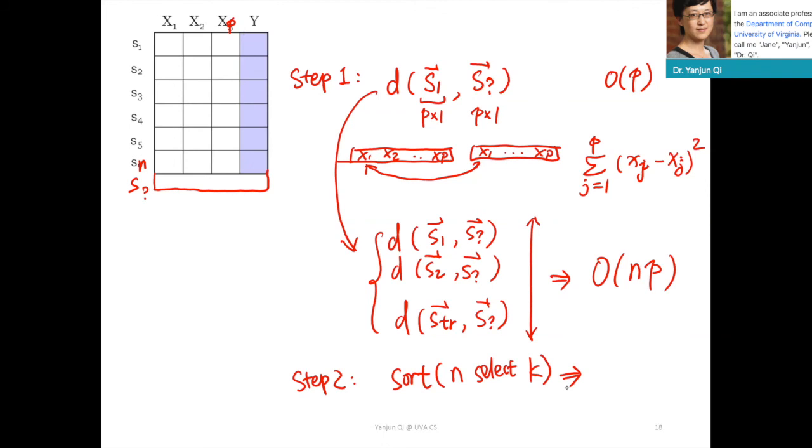What's the cost of this? Please type in chat if you know. Let's just do a naive version. Yeah, I think you can do O(n). Actually, not totally. It needs a little bit smarter choices, but let's just put O(n) there. It's also related to the K. I'm abusing the term a little bit.